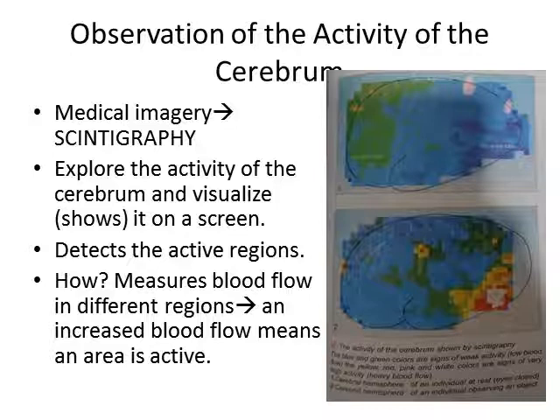I'm going to tell you in a minute how they know that this is green and this is blue, or how this scintigraphy thing works. And red, yellow, white, pink, they all mean that there is heavy blood flow, or very active parts of the brain, or the cerebrum again.